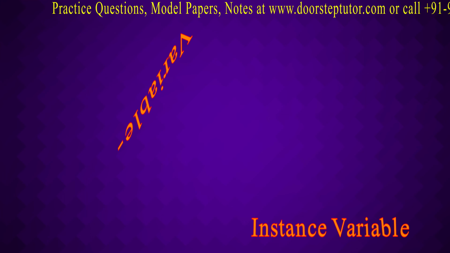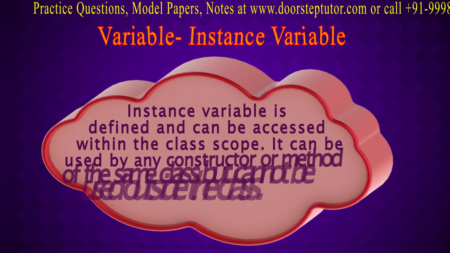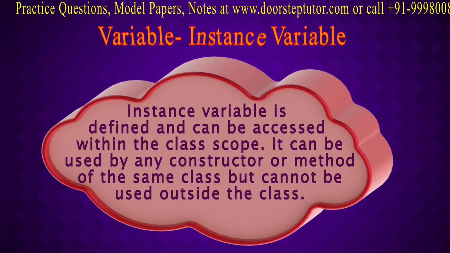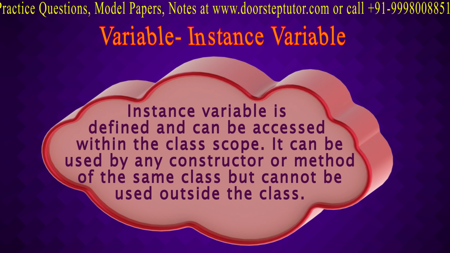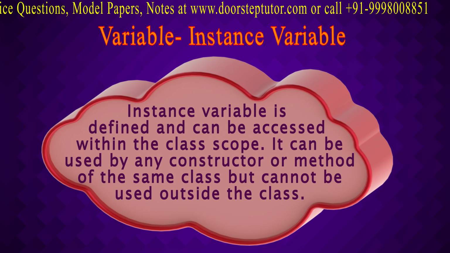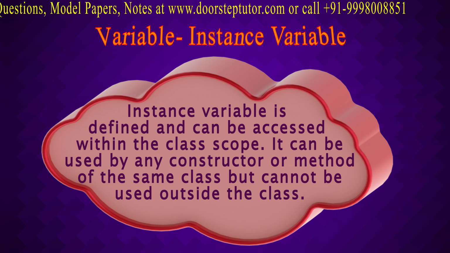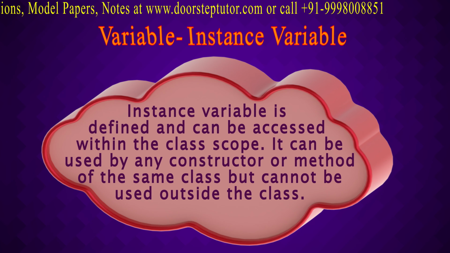So the next is the instance variable. Now if we want to have the instance variable, it can be accessed within the class scope. It means through the object of the class. That object, which is of a particular class, can be used in the main function but cannot be accessed outside of that particular class.